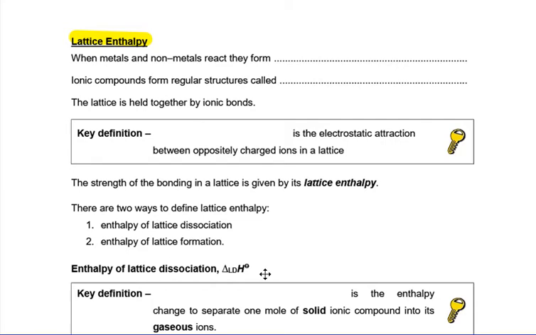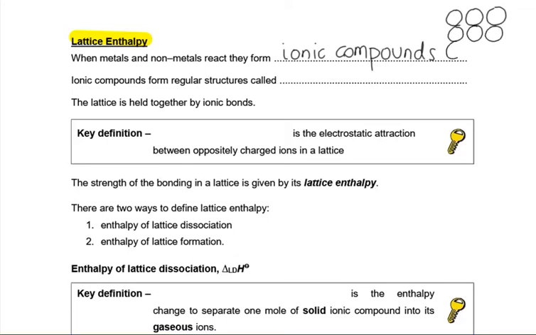When a metal and a non-metal react, they're going to form ionic compounds. So when sodium and chlorine react, we form sodium chloride. And when we form something like sodium chloride, we can remember from our earlier studies, even in GCSE, that we form sodium chloride in a regular pattern of oppositely charged ions, and we call that a giant ionic lattice.